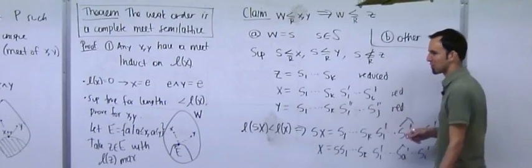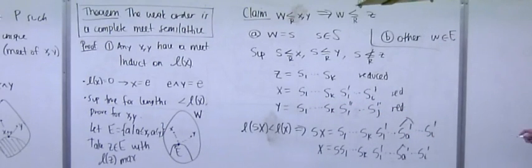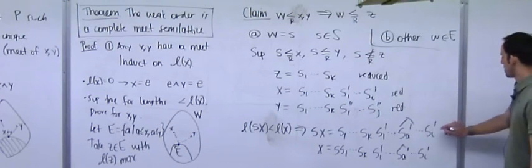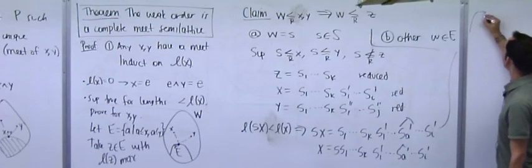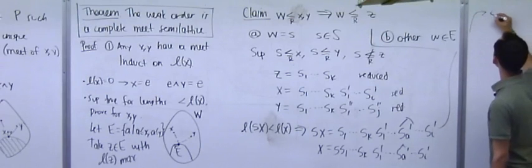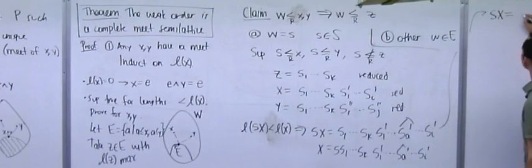So maybe I should write this out. So why did I say that sx had to be like this and not like this? Because it also could be that I had something like this.